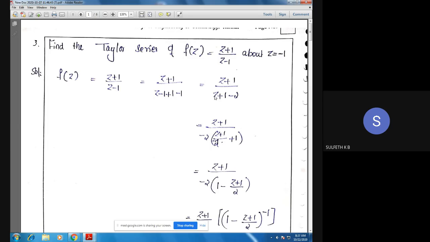Therefore, z plus 1 divided by z plus 1 minus 2. Here we have the term z plus 1. Clear?